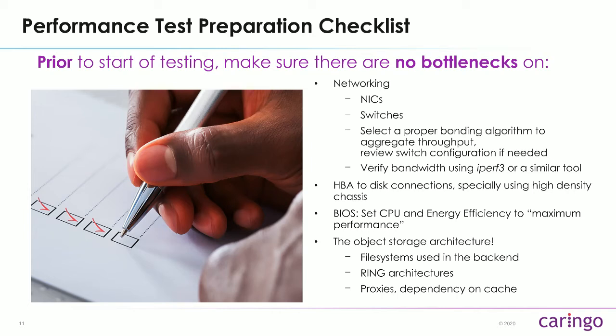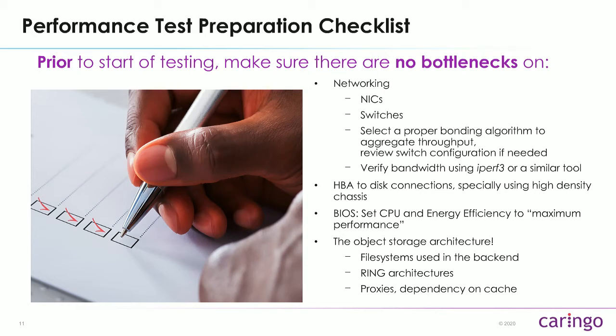You have to make sure that you don't have any kind of bottlenecks in the networking. Sometimes we have customers that want to test performance, and they go with a couple of 1 gigabit ports on the servers, right? So that's obviously a bottleneck right at the very beginning of the test.